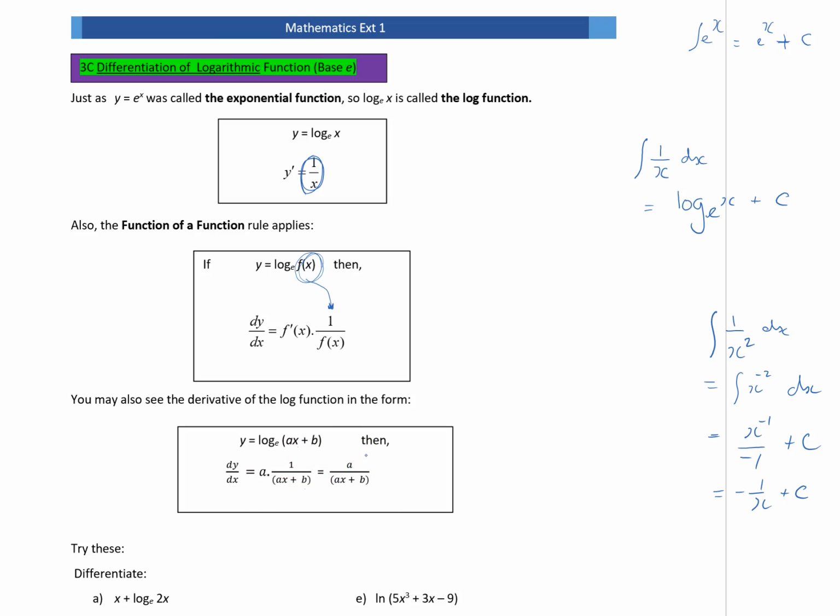So that's about all there is to say about the derivative of the log. I'm going to pause the video. I'm going to stop the video. I'll just write up the solutions to the examples, and hopefully that will be enough for you to see the actual rule working. And then you'll be able to do the exercise on 3C.